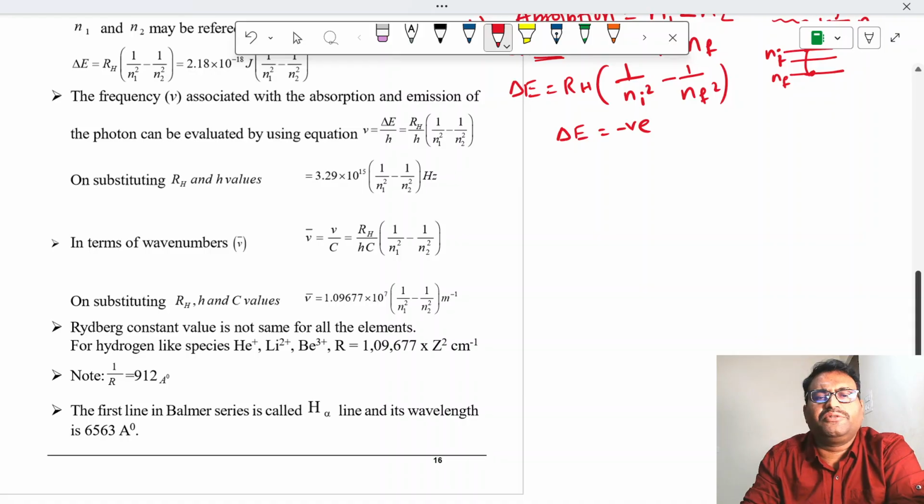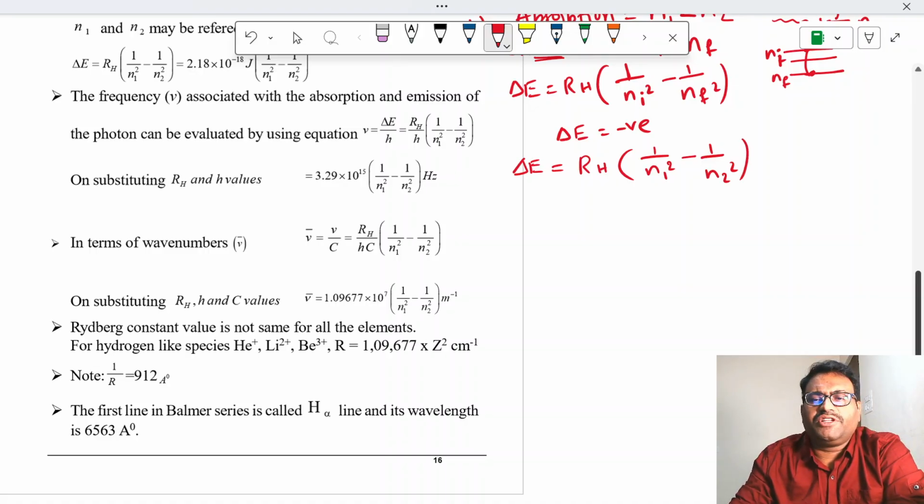So next, what formula have we derived? Delta E is equal to RH into 1 by N1 square minus 1 by N2 square. And from Planck's quantum theory, we have studied that E is equal to h nu.